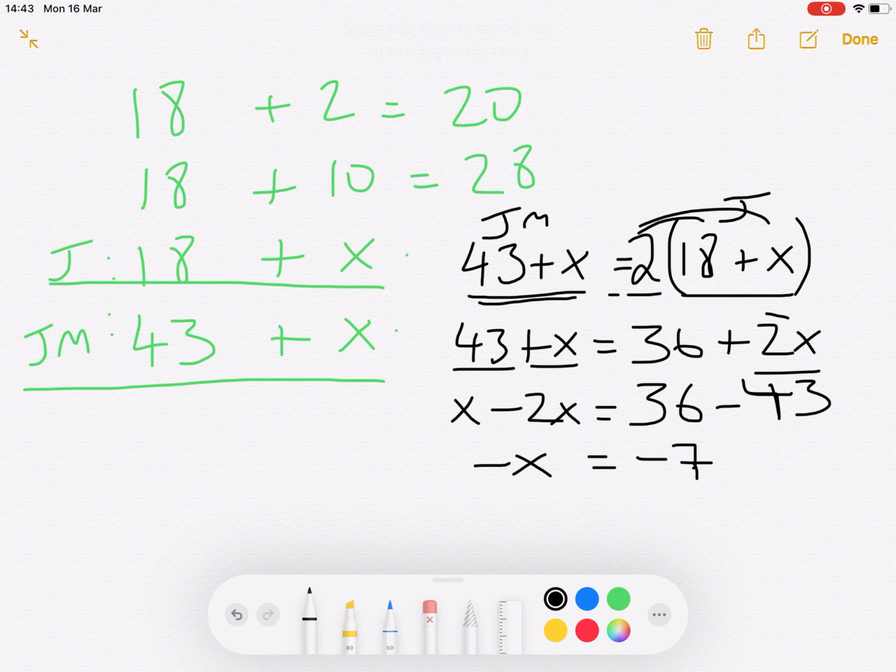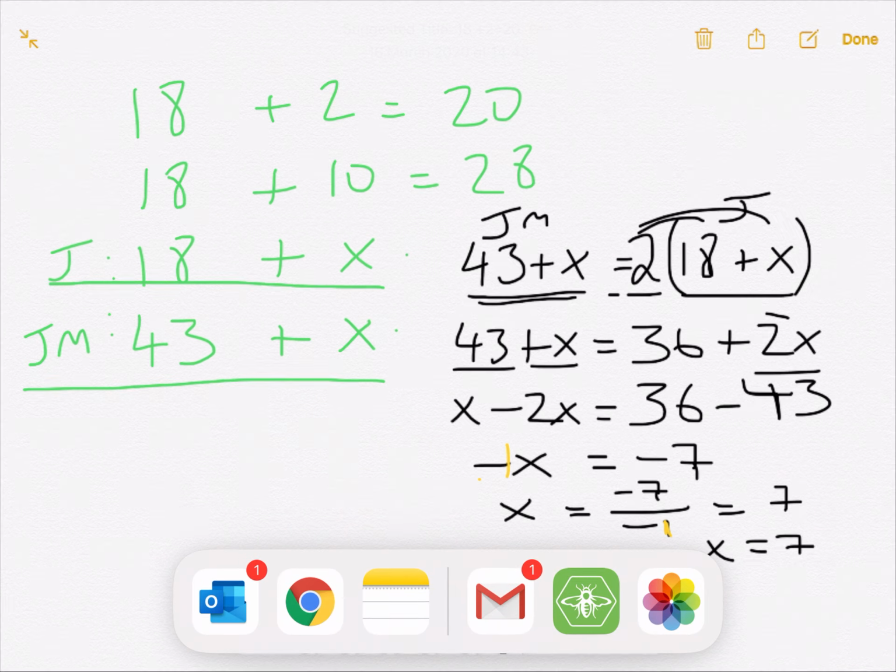Now I've got 2 minus values, so remember we did this before, I can have X is equal to minus 7 divided by minus 1. You can imagine there's a minus 1 in here, minus 1X, and that then becomes X is equal to 7. So X is 7.